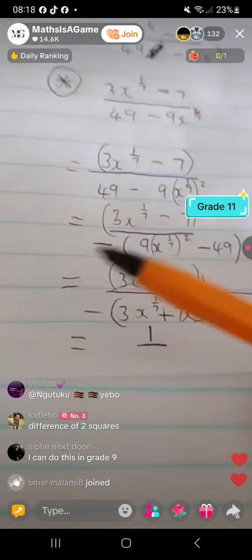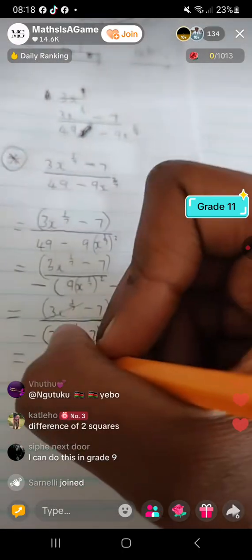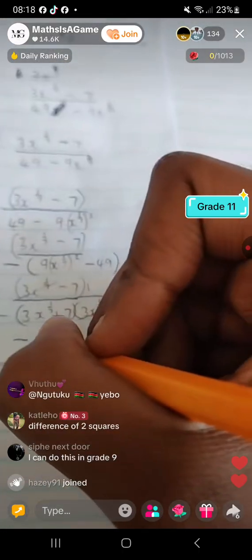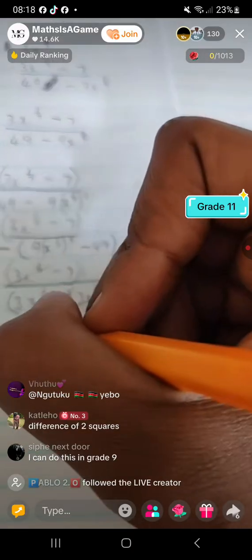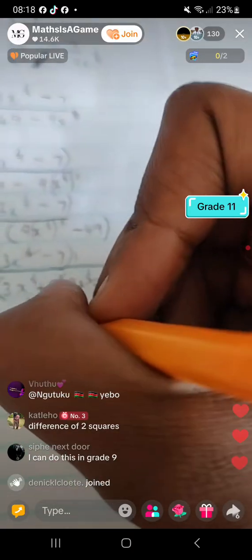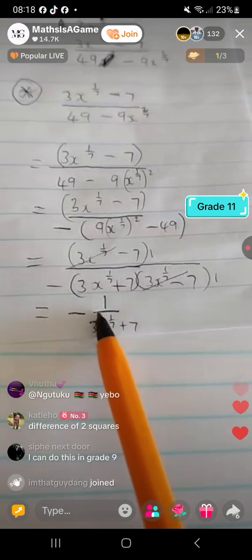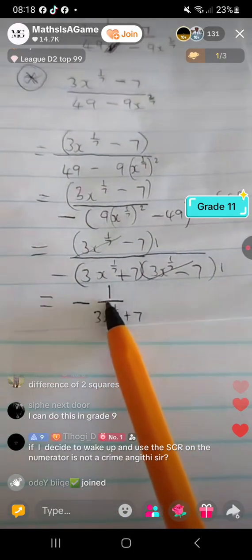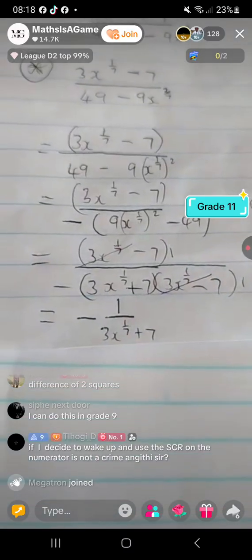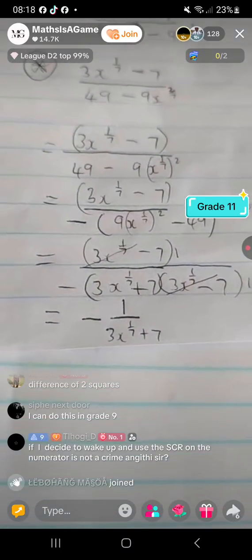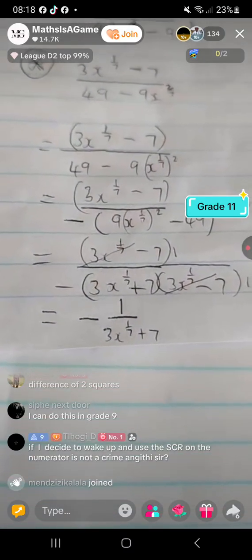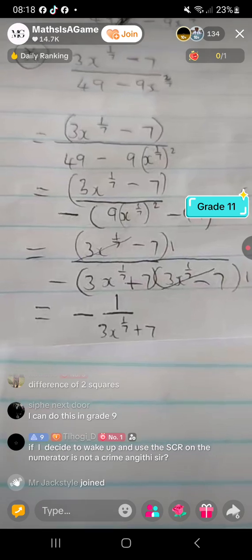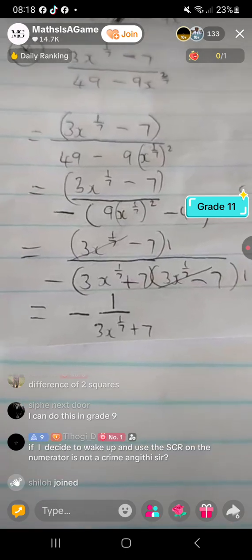Very important. So we have a negative 3x to the power 1 over 7 plus 7. So it's like negative 1 over 3 to the power x to the power 1 over 7 plus 7. If I decide to use the sign change rule on the numerator, it's not a crime.